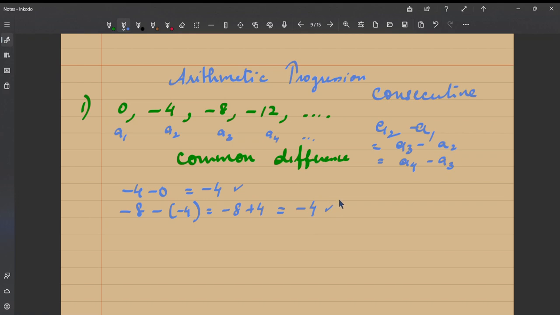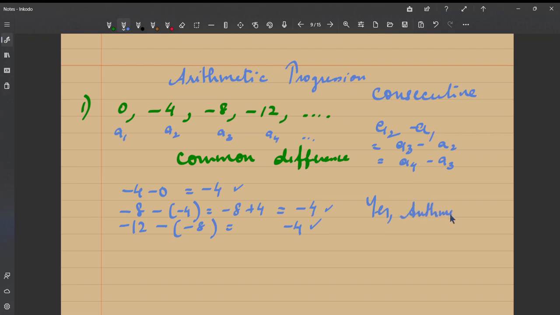The difference is the same. Let me check for the next consecutive term also, which is A4 minus A3, which is -12 minus of -8, which is -12 plus 8, so -4. The common difference is the same, so we can safely conclude yes, this is an arithmetic progression.